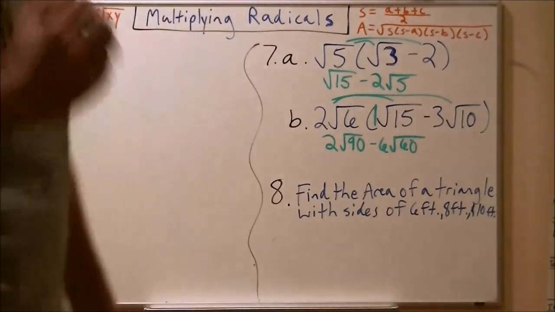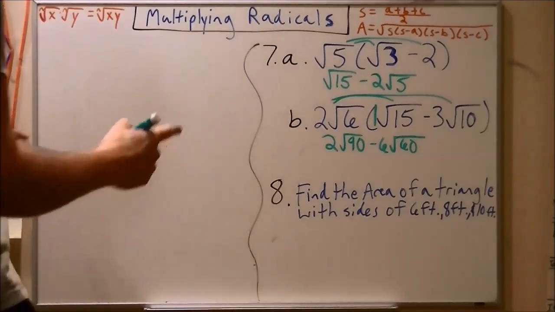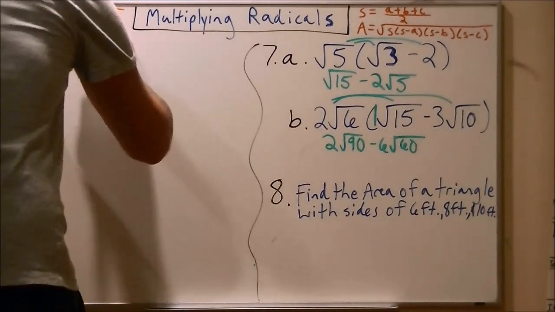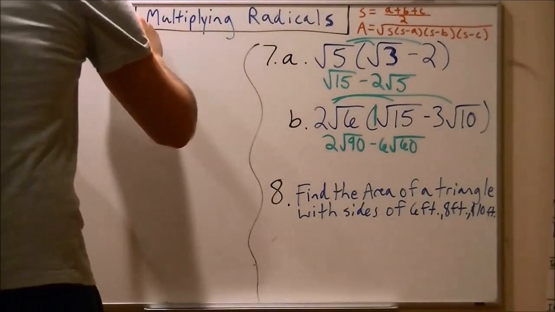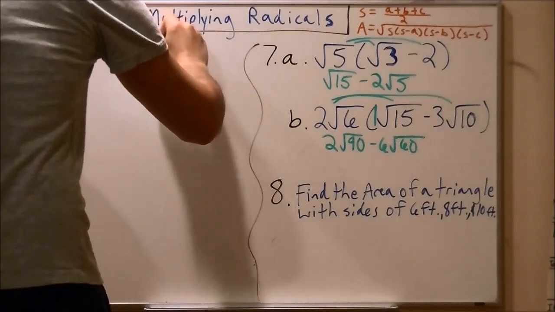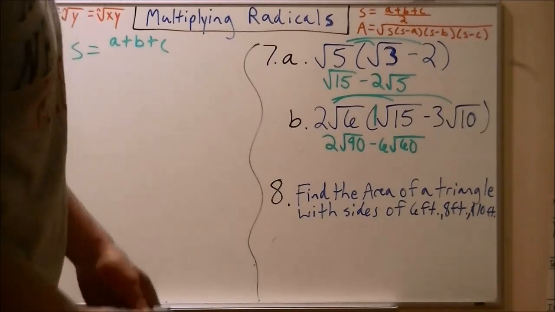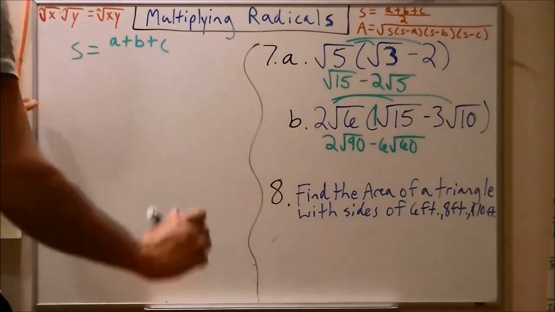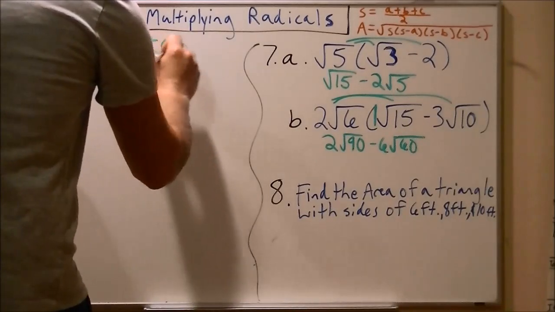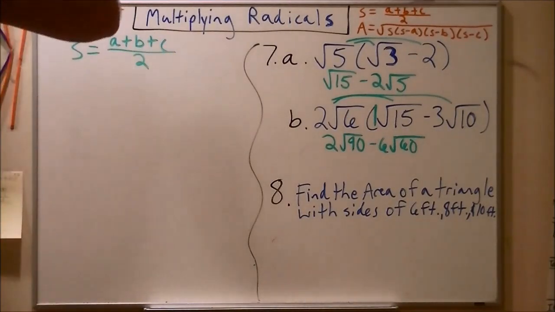The way that you find S in the area of a triangle, I'm going to write this formula up here. S equals one side of the triangle plus the second side of a triangle plus the third side of a triangle, all 3 sides added together and then divided by 2. Okay?